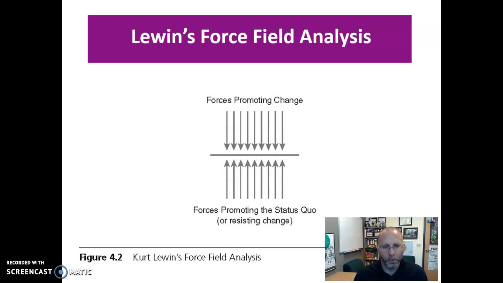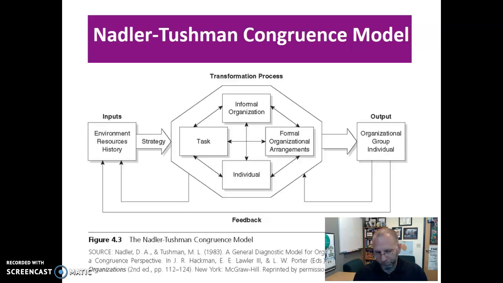You have to put in place new policies, practices, procedures, new narratives, new ways of explaining the reality of the organization in such a way that people recognize change is important and inevitable, the resistance for change goes down, and then people can start to implement new processes. So you see the arrows pointing down, the arrows pointing up. That just refers to all these different internal and external forces that are always putting pressure to keep things the same. And if those forces don't change, nothing's ever going to change.